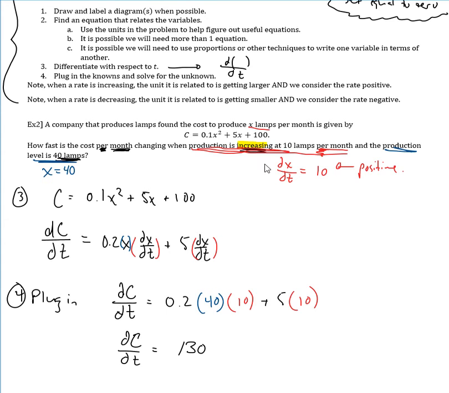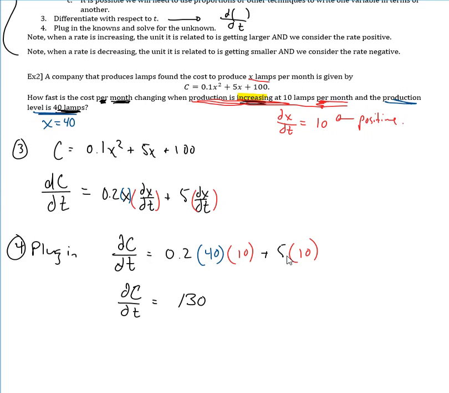And so we're going to write this as the change in cost. We're assuming this is a dollar amount. It doesn't really say anything about dollars, so let's assume it's dollars.